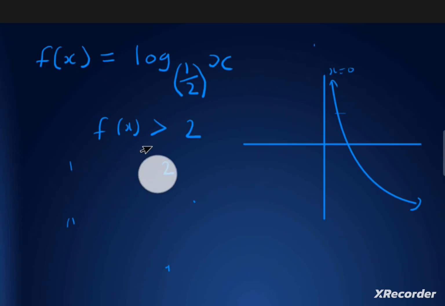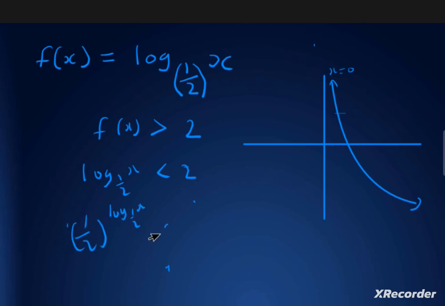So then this is going to be log x base half must actually be less than 2. So then this is going to be half to the power of log x base half. So this must be less than half to the power of 2.